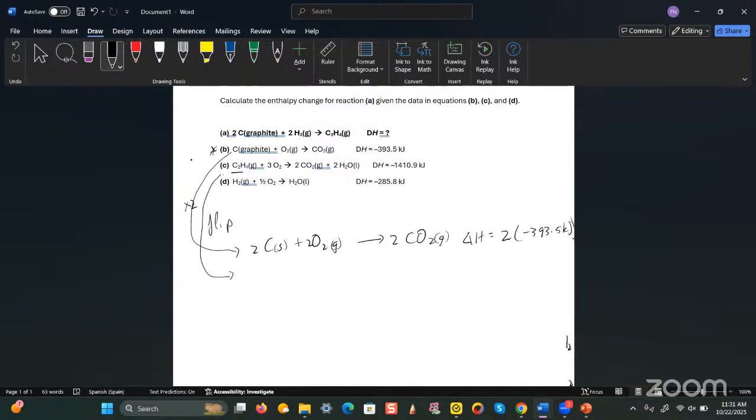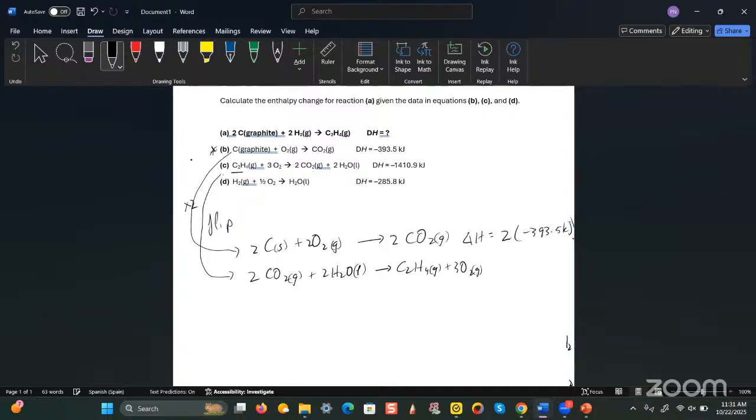We have to flip this equation so the reactants become the products and vice versa. So you're going to end up with 2 CO2 gas plus 2 H2O liquid. And then on the right side, you're going to have C2H4 gas plus 3 O2 gas.